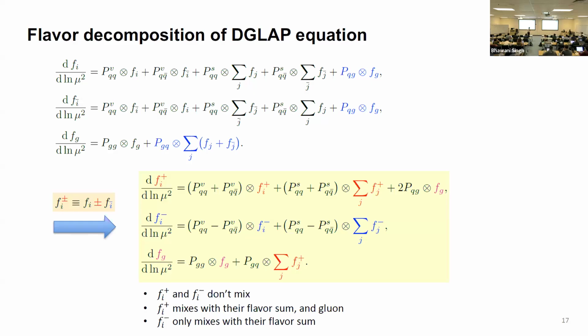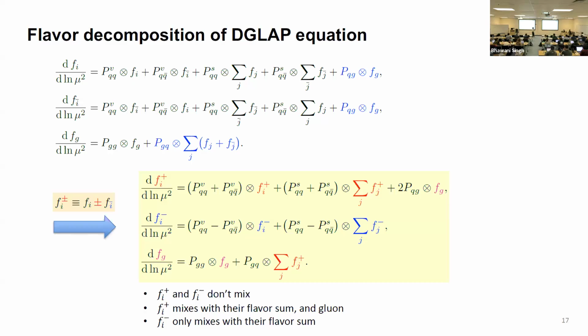If you have finished doing the calculation, you should be amazed by yourself because you have achieved a lot within 3 minutes. But if you haven't finished, that's okay. Just take a look at the result. We have obtained 3 equations, one for Φ plus, one for Φ minus, and one for the gluon. For the gluon, the upper part is the same as what you have seen on the previous slide, and this is the result.